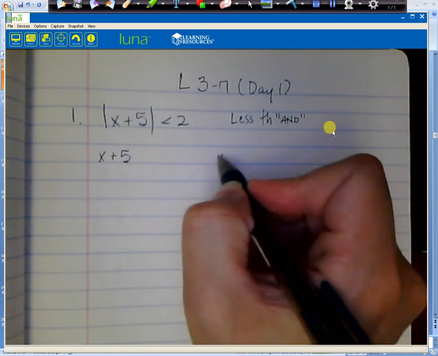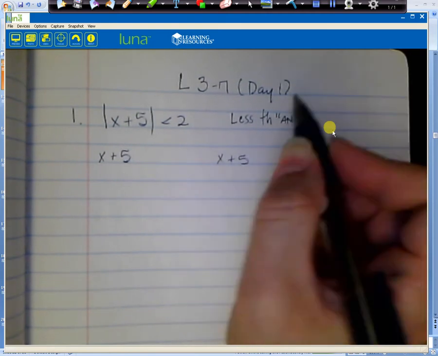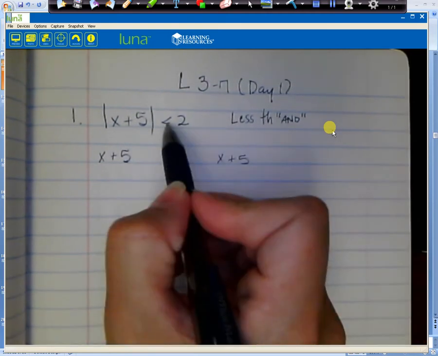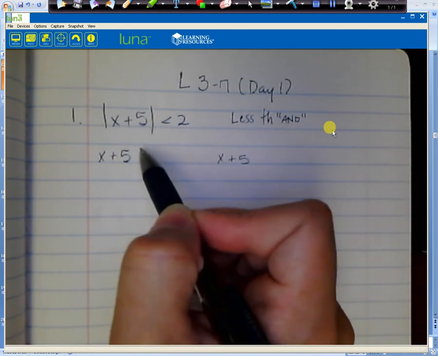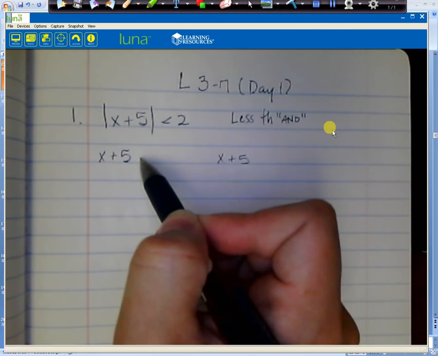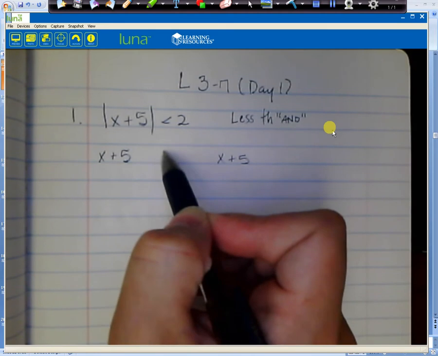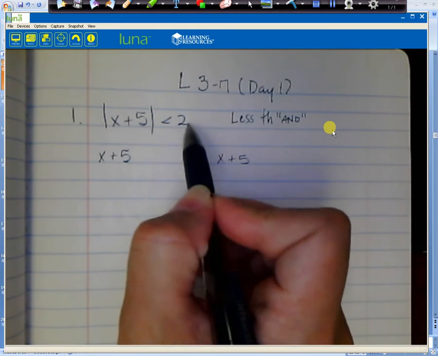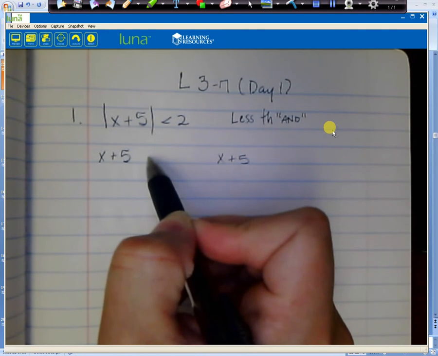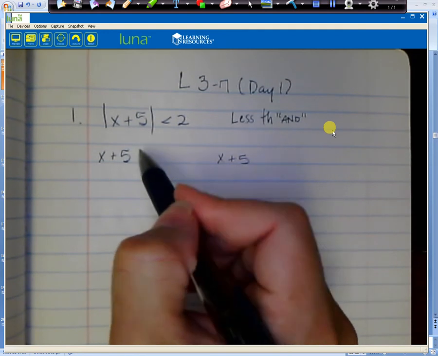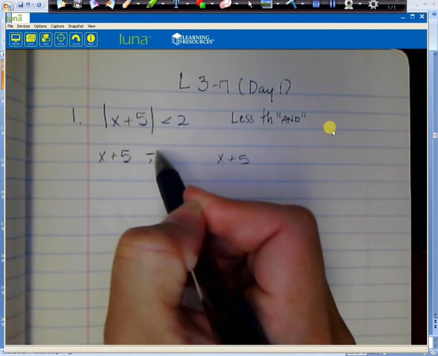Over here, I'm going to say x plus 5, okay? Now, my less than sign and my 2. You know in the old school absolute value problems that we taught you to do, you changed your number on the other side of the problem from positive to negative. So right here I have a positive 2, so this is no different. It's going to become a negative 2.